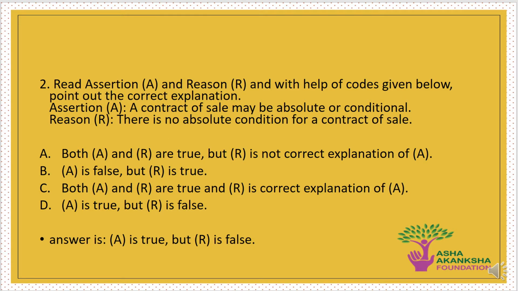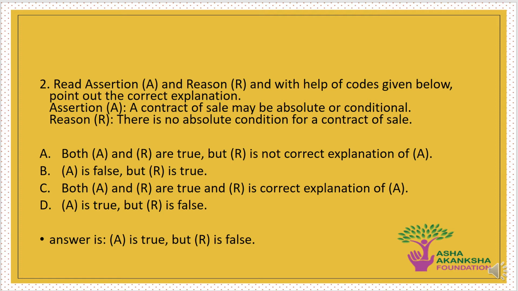The next question is, read assertion A and reason R, and with the help of the codes given below, point out the correct explanation. Assertion: a contract of sale may be absolute or conditional. The reason is that there is no absolute condition for a contract of sale.